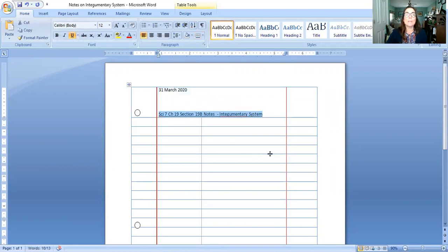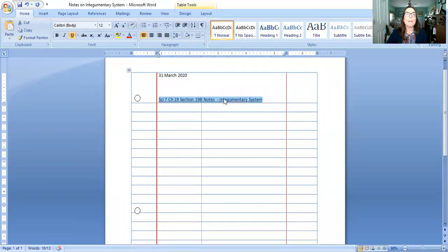And you can do the same thing on your paper. So now we have our date, we have our title, so that when we go back and look at our notes, we'll know exactly what the notes covered and where we can find that information in our book as we take the notes.